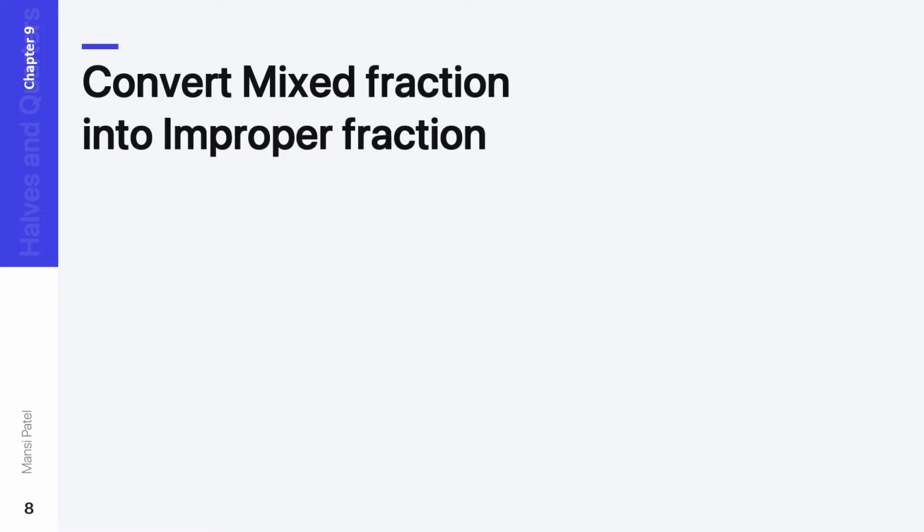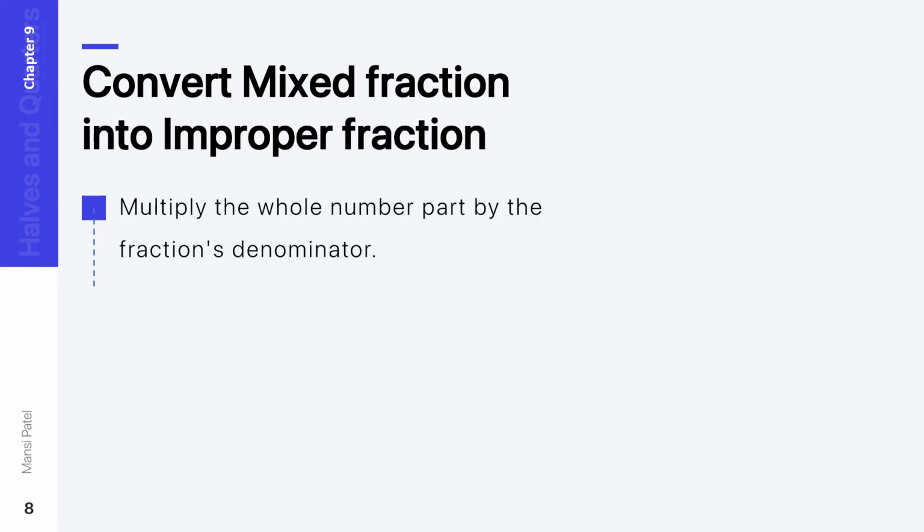The next one is you have to convert a mixed fraction into an improper fraction. As we already studied, we convert a mixed fraction into an improper fraction and an improper fraction into a mixed fraction. How do we convert it? Let us see. If you want to convert a mixed fraction into an improper fraction, first, what you have to do? You have to multiply the whole number by the fraction's denominator.